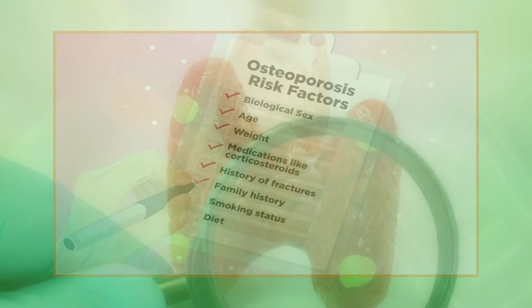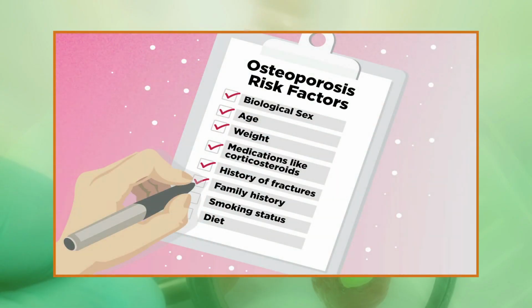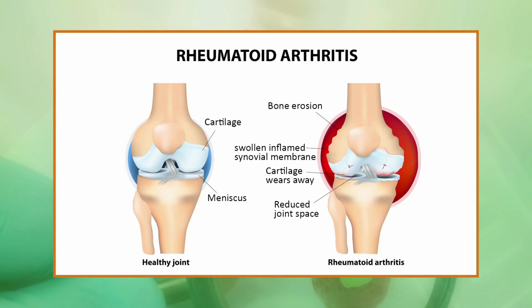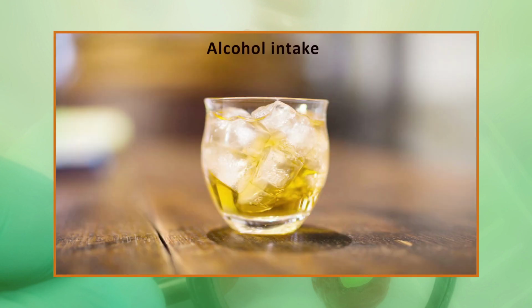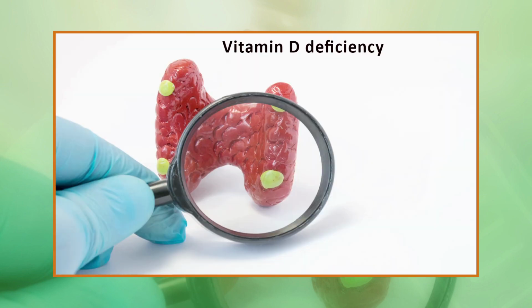There are a number of other risk factors for osteoporosis, including family history of osteoporotic fractures, rheumatoid arthritis. Also, long-term corticosteroid use, alcohol intake of greater than 4 units per day and smoking, vitamin D deficiency and hyperparathyroidism in the elderly.